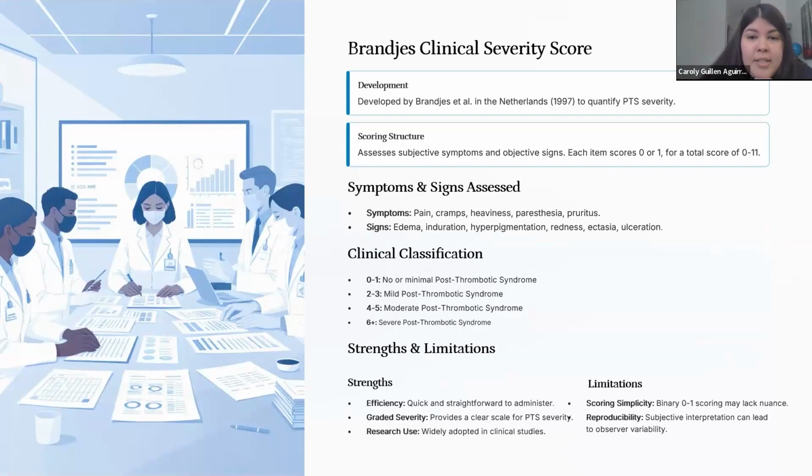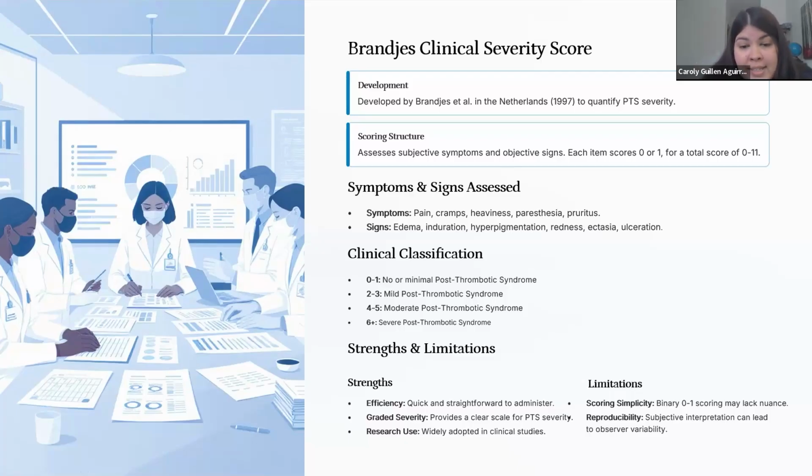It assesses subjective symptoms and objective signs, and each item was scored 0 or 1, for a total score of 0 to 11. The symptoms assessed were pain, cramps, heaviness, paresthesia, pruritus, and then the signs: edema, induration, hyperpigmentation, redness, etc. The strength of this severity score is its efficiency; it was quick and straightforward to administer.